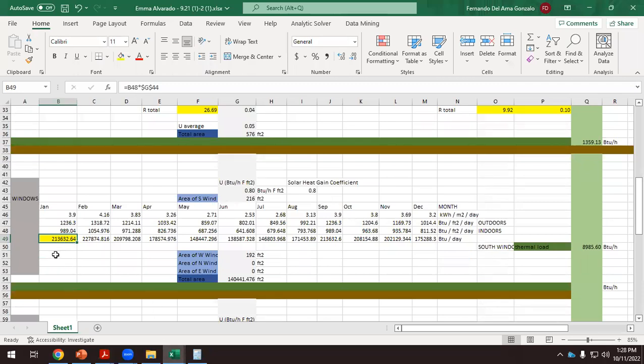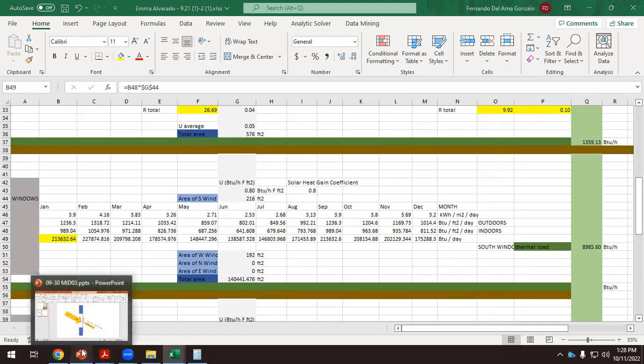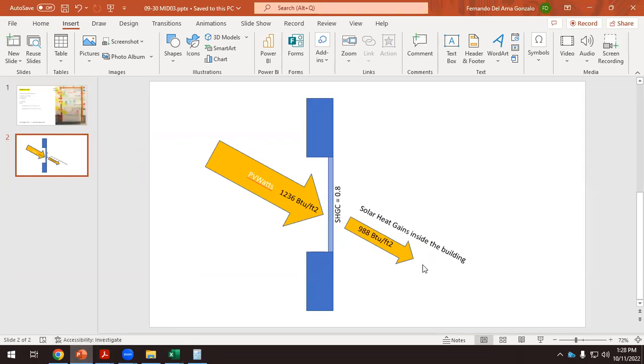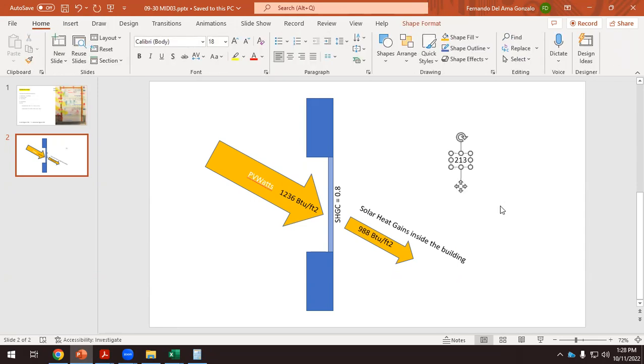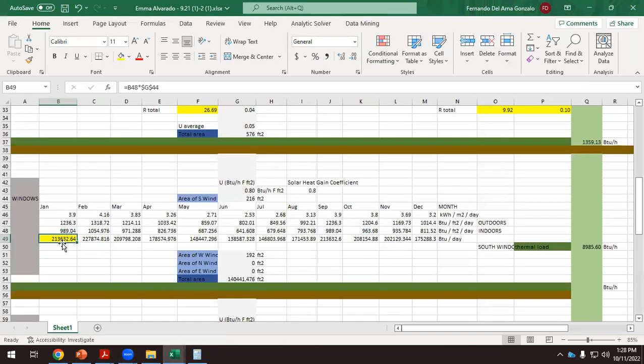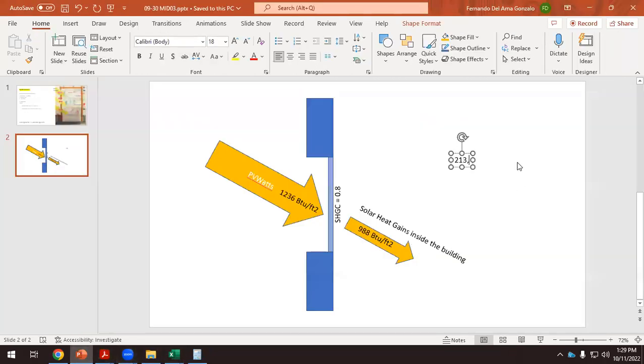It's $213,632. This is BTU per day, because we are dealing with energy.